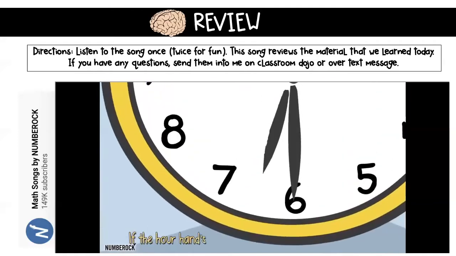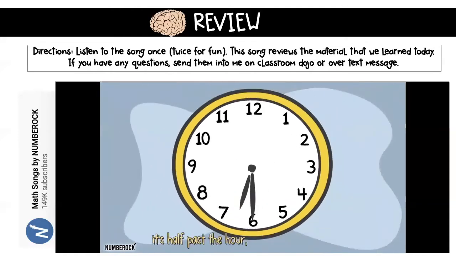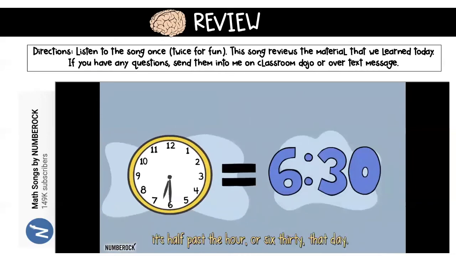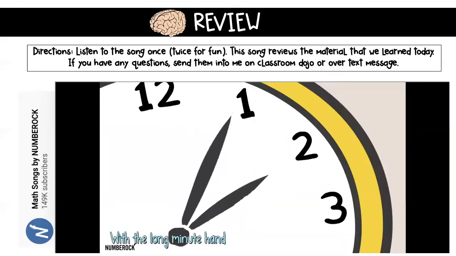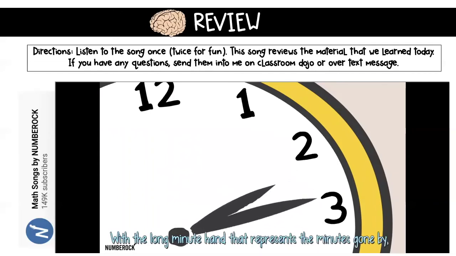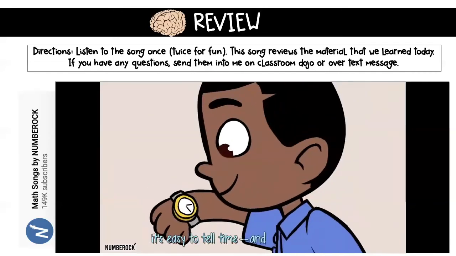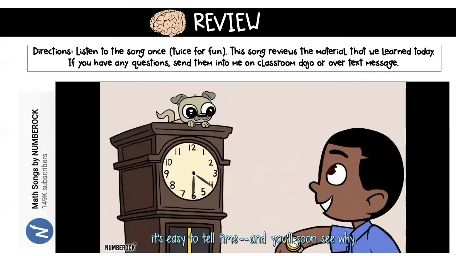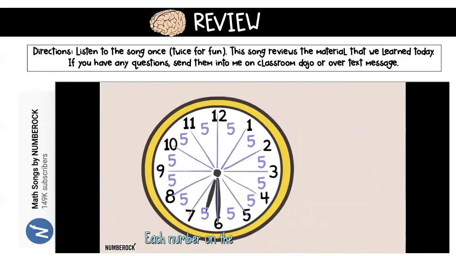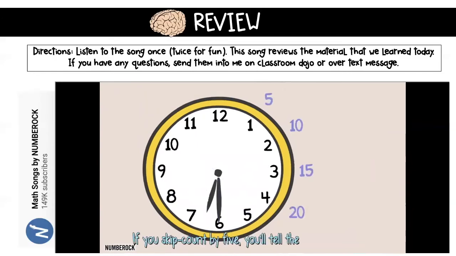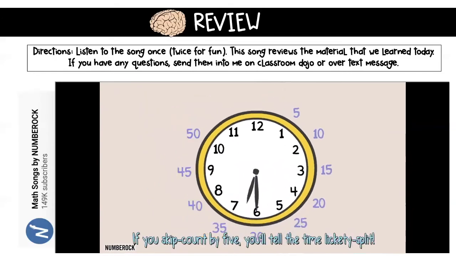If the hour hand's right between 2 numbers, per se, it's half past the hour, 6:30 that day. With the long minute hand that represents the minutes go by, it's easy to tell time and you soon see why. Each number on the clock is 5 minutes a minute. If you skip count by 5 and tell the time, make it a split.